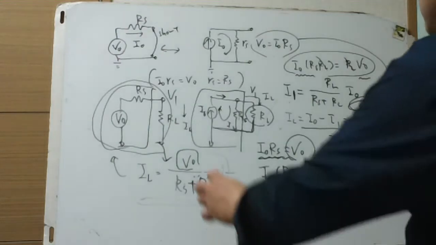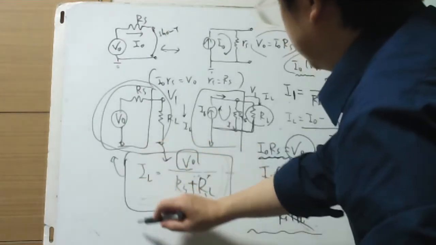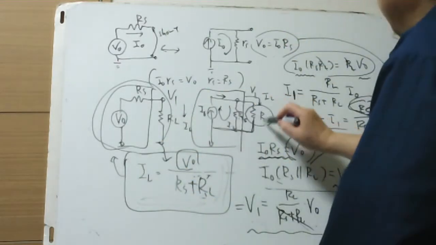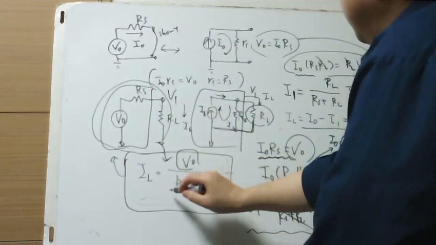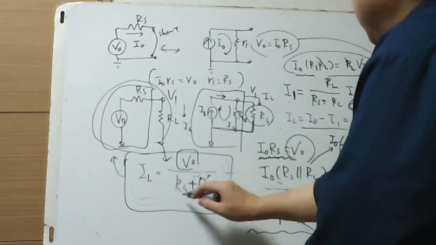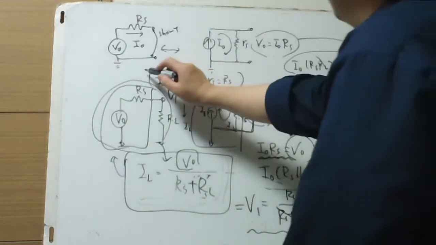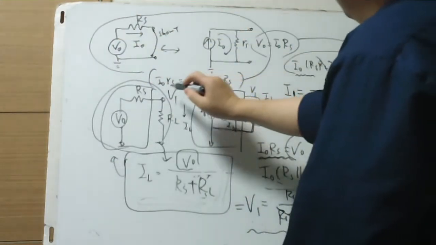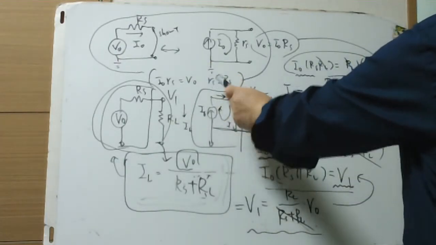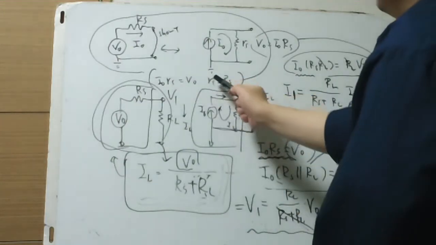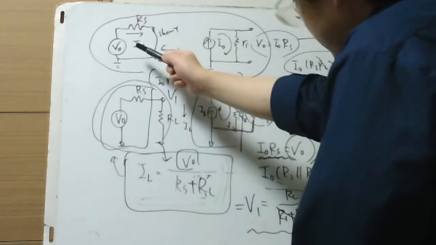So even when RL is applied from the Thevenin equivalent, we find this IL, and this IL is VO over the resistances RS plus RL. And the Thevenin equivalent open circuit consists of these conditions. On these conditions, we can exchange left to right, right to left, vice versa.